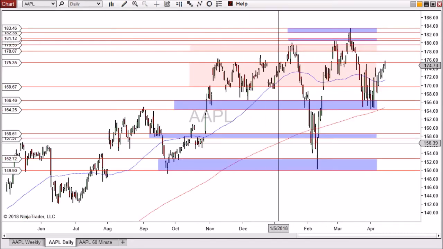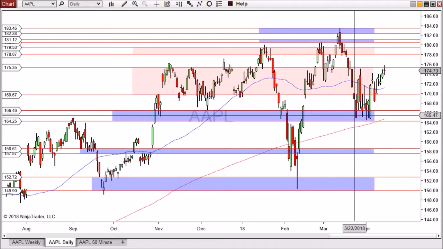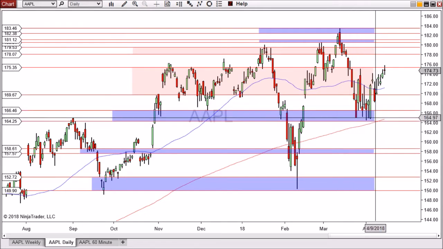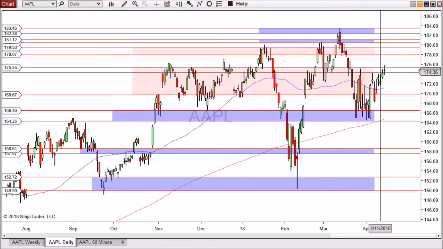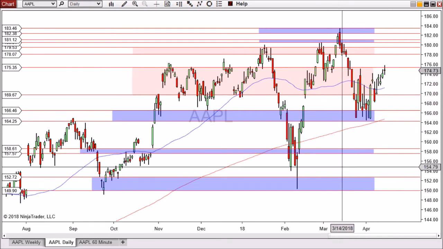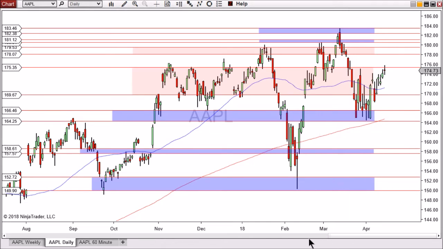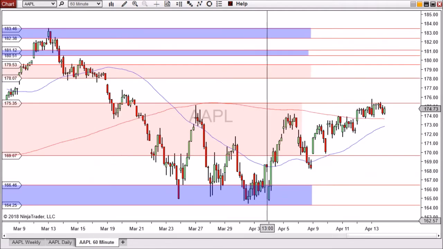So let's take a look at the daily price here. You can see that it's found a little bit of support here on this 166, 165 area, and it's coming back up to this 176. We'll keep an eye on this zone here, and this all-time high. It's not inconceivable that Apple could come up and test that.